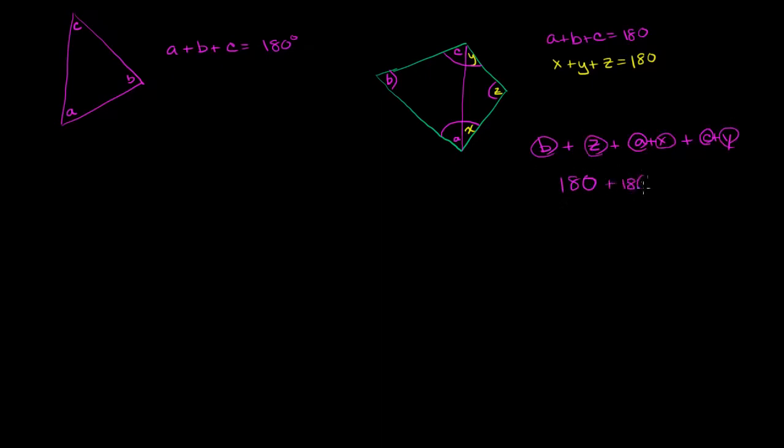So 180 plus 180 is equal to 360 degrees.